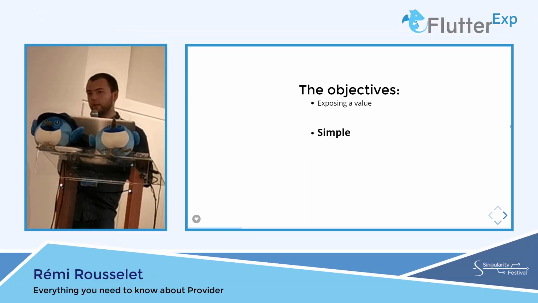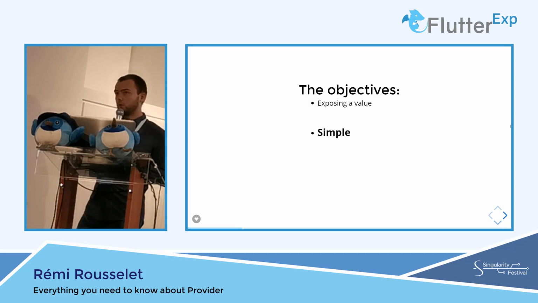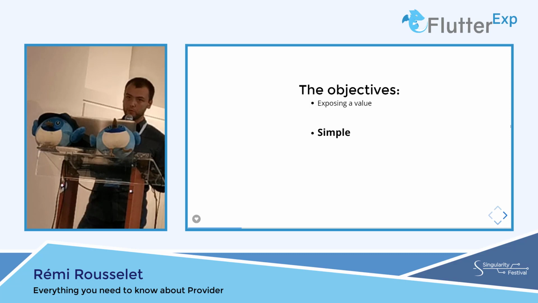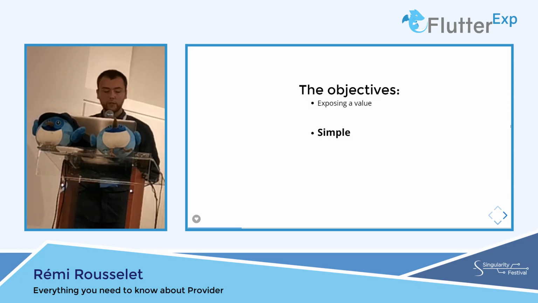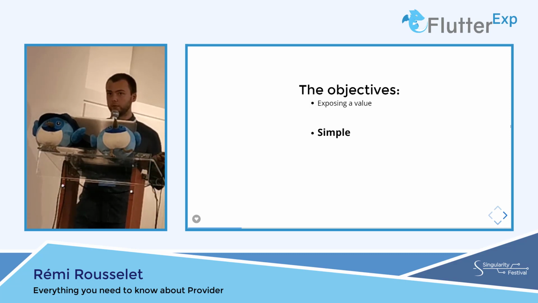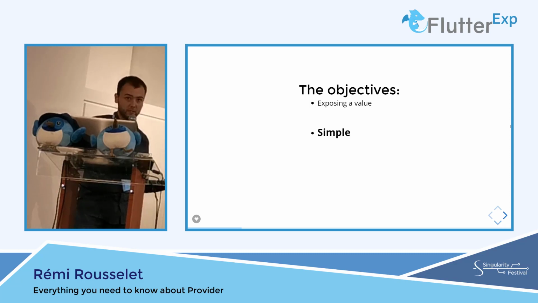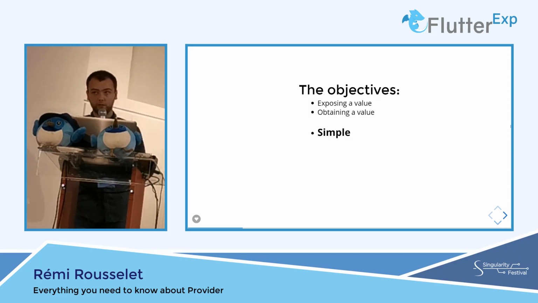But it's not just exposing it, it also covers when we don't want to expose it. For example, we could voluntarily not expose a variable to some part of the application. We could also, in the scope of a feature, decide when to create a variable and when to dispose of it. Because if we know when to expose it, we know potentially when we don't want to expose it anymore, and we know when we can delete it.